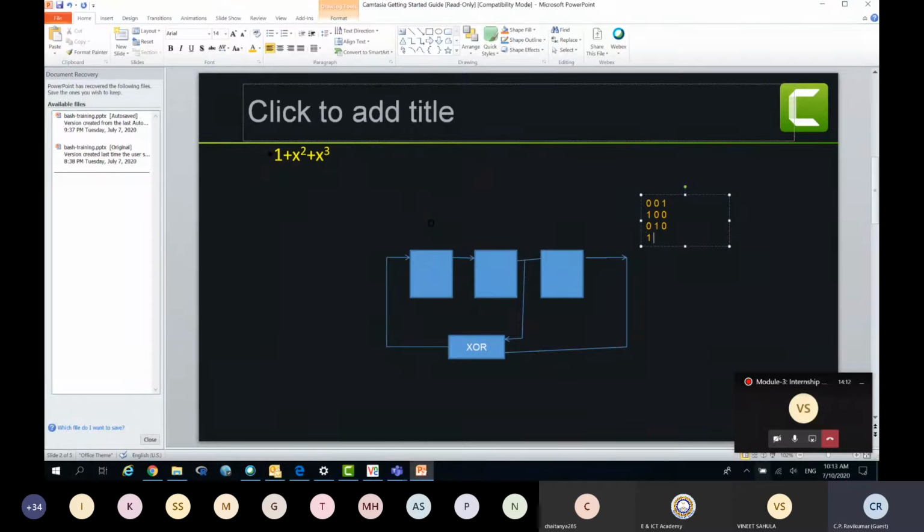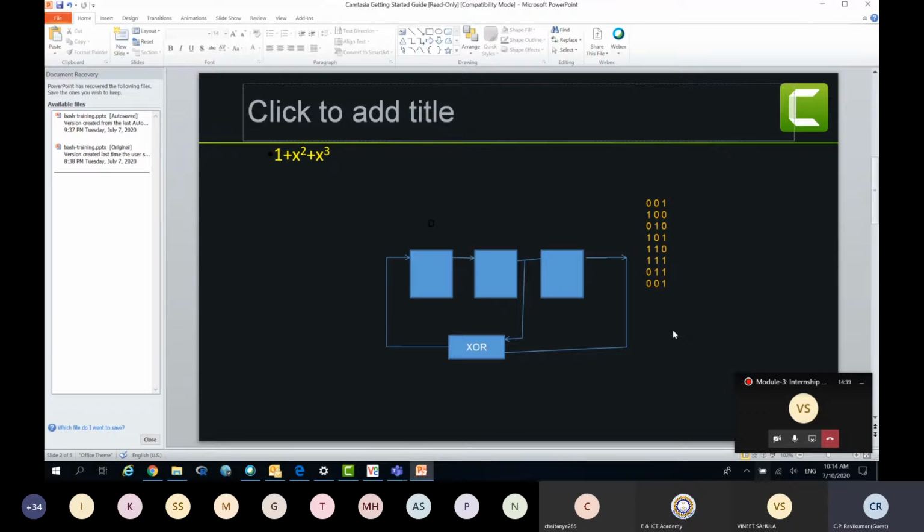In the next clock cycle, the XOR of 1 and 0 will appear and shift. Then the XOR of 0 and 1, the XOR of 1 and 0, the XOR of 1 and 1, and the XOR of 1 and 1, each with a shift. So we have cycled back to the original state.